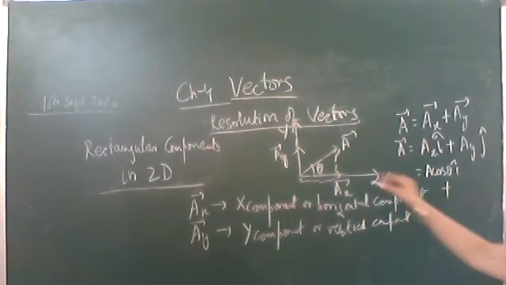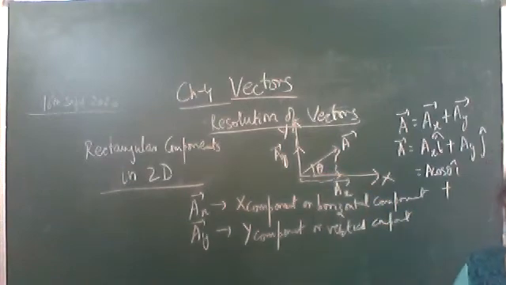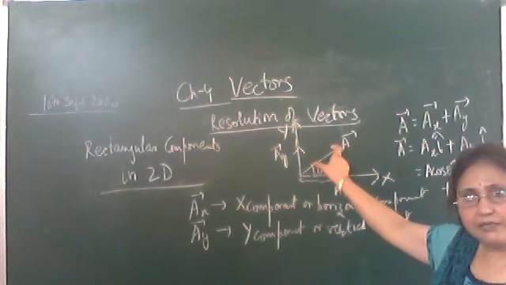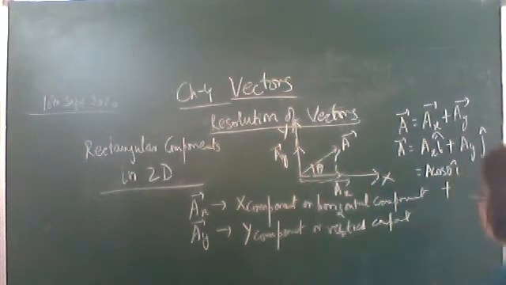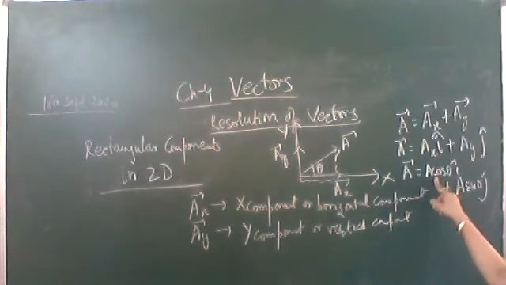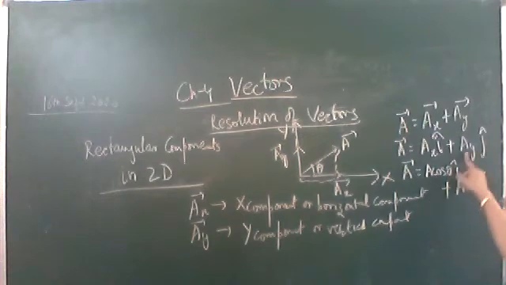Similarly for Ay, find sin theta from this triangle. Sin theta is Ay upon A, so Ay is equal to A sin theta. So this A vector can also be written as A cos theta i cap plus A sin theta j cap, because the magnitude of Ax is A cos theta and the magnitude of Ay is A sin theta.